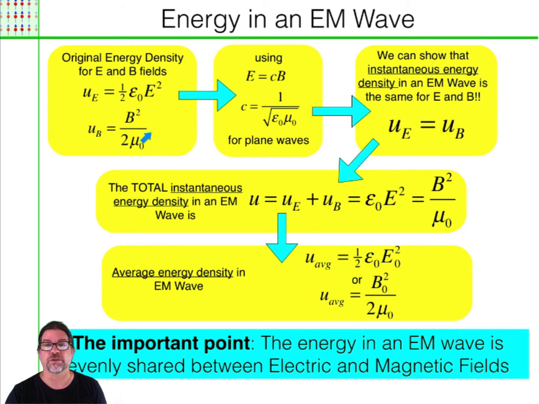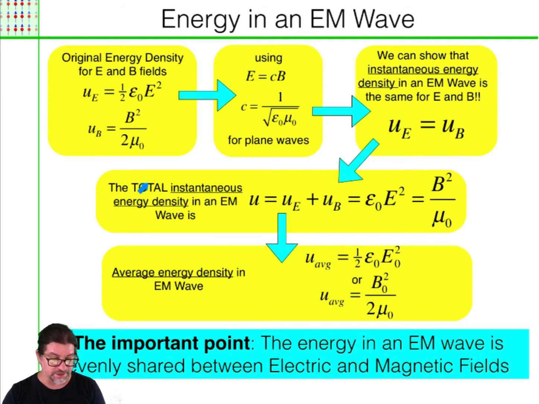Now, if we do this specifically for our electromagnetic waves, where the amplitude of E is related to the amplitude of B, and the speed of light is still this, you can show that the energy density of an electromagnetic wave is equal between the electric and the magnetic fields. In other words, the energy stored in an electromagnetic wave, as it's carrying energy along with it, is split evenly between the electric field and the magnetic field. That's kind of cool.